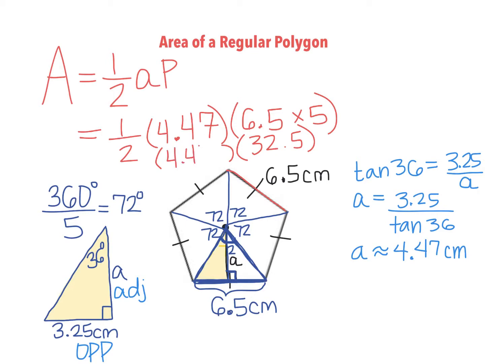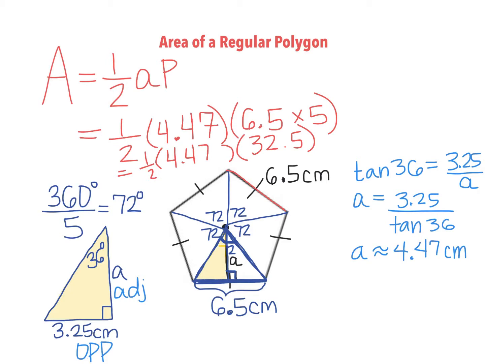So then I'm going to bring everything down. I'm going to multiply that by my apothem. And it's going to be half of that. So let me multiply this in my calculator. So 32.5 times 4.47 times 1/2.